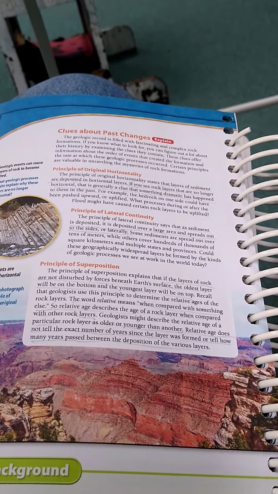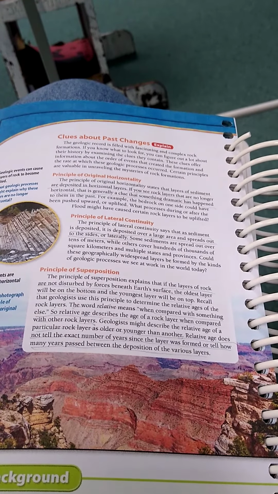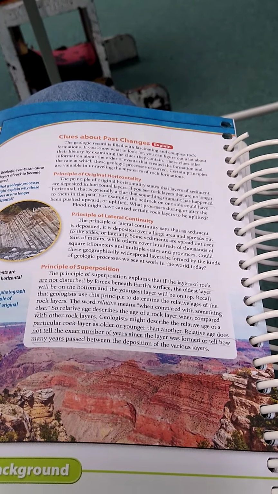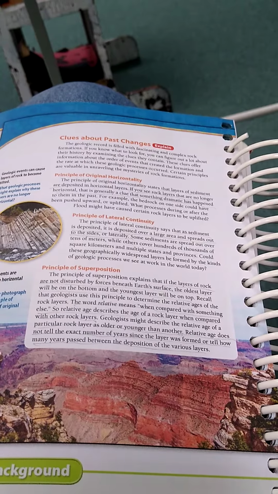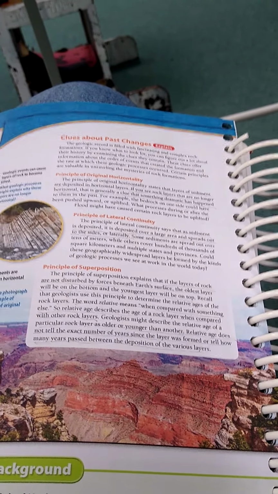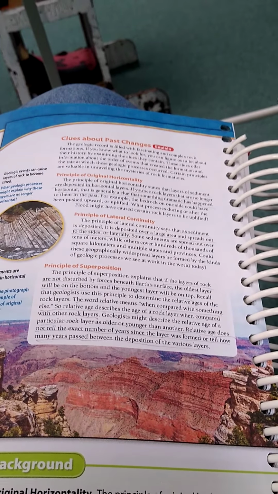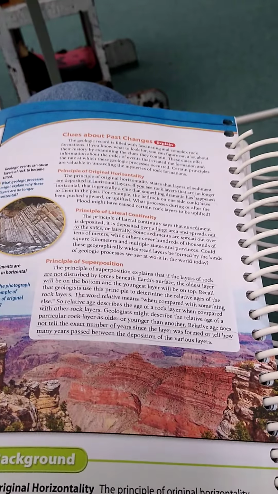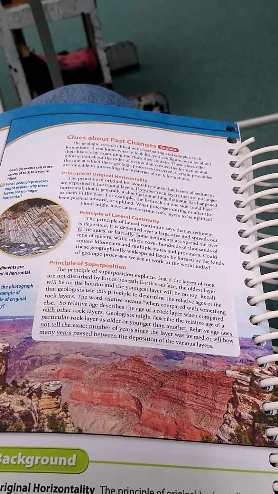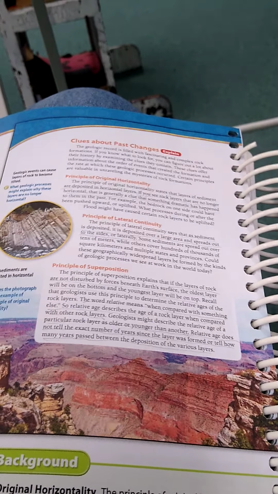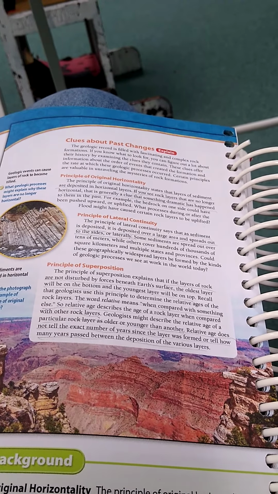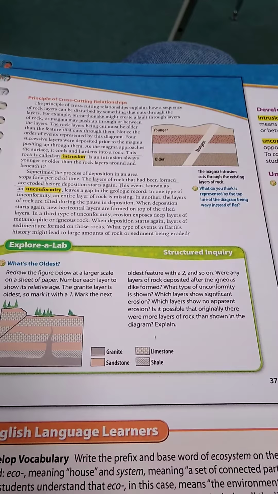It just means that the bottom layers of rock should be older than the top layers of rock. Well, that may be true in some places, but with Noah's flood and what it did to everything, turned everything upside down, you can't always count on that. So to compare one layer to another, sometimes it shows that the top layer is younger, but that might not always be the case. Okay, last page over here.